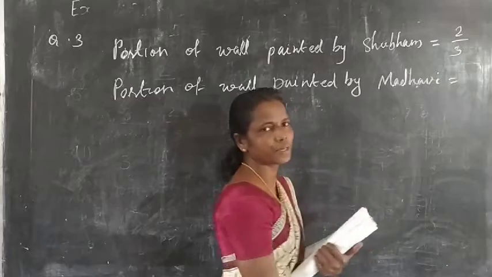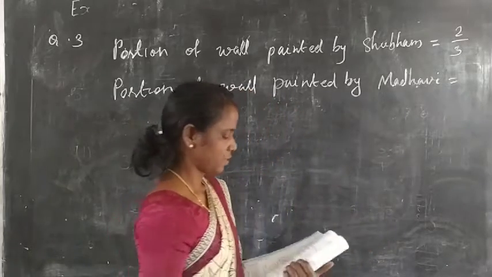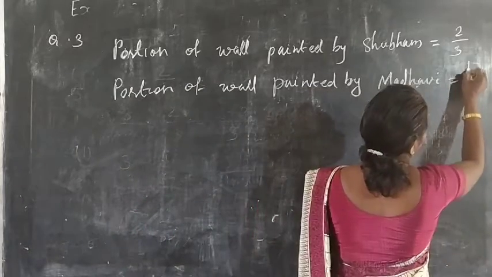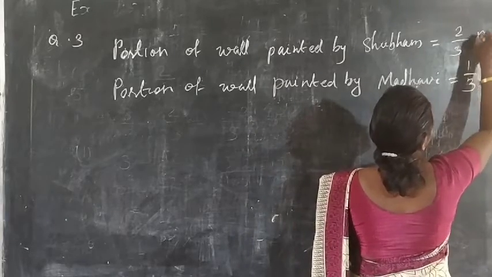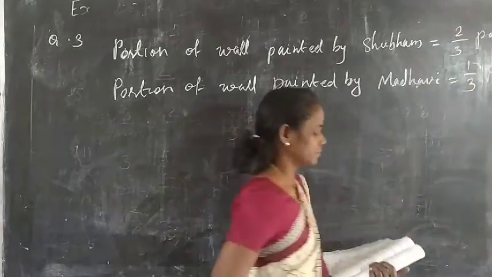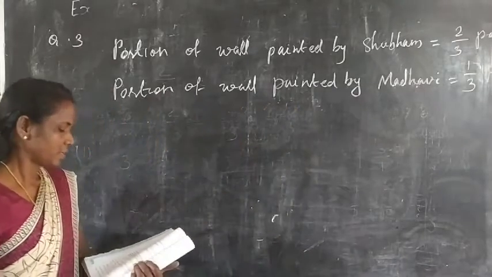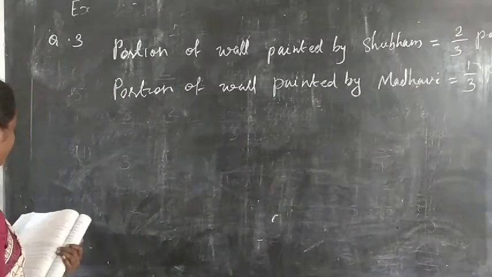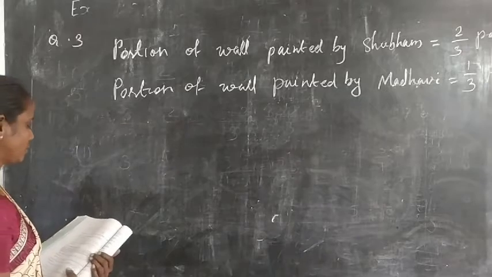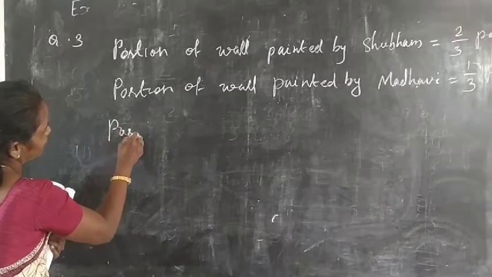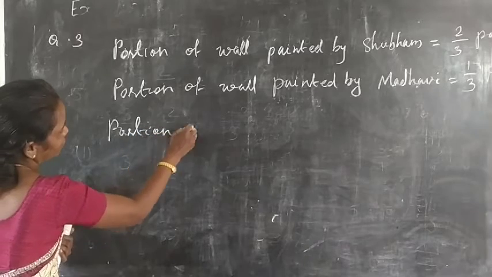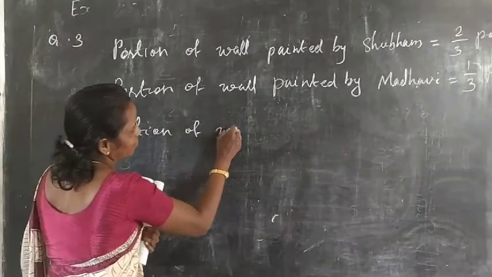Then how much portion is painted by Madhavi? And number 3, part is also a part. Then painted together. Portion of wall.